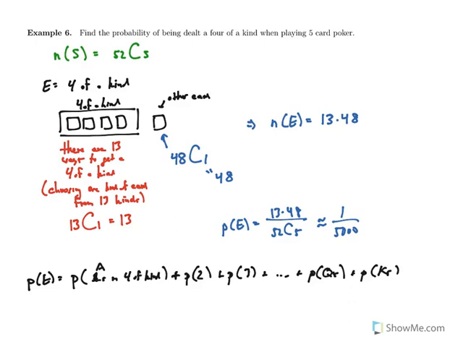And we found that each of these is going to have a probability of 48 over 52 choose 5. We're going to do that 13 times. It's another way to think about breaking that up.